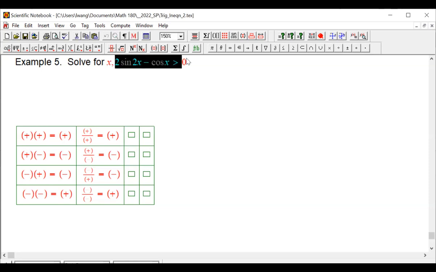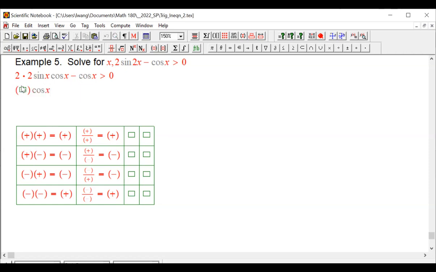So we're gonna do some algebraic manipulation, right? Sine 2x equals 2 times sine x times cosine x, right? And we can factor out the cosine x, right?